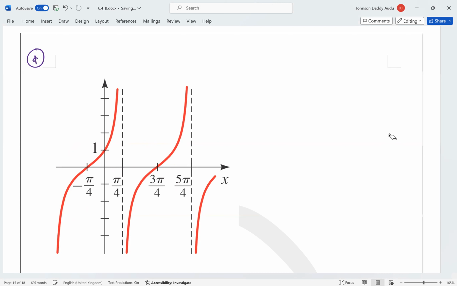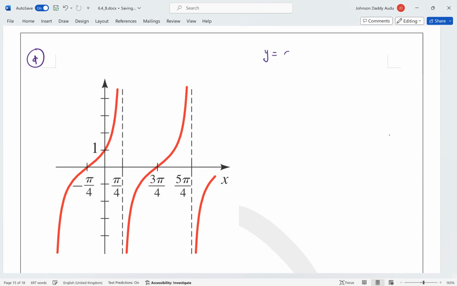Now, if you look at this, you will see that the midpoint here is 3 pi over 4. We can also try to see what will be the midpoint here. Okay, it's fine. If you look at it, this is going to be a graph of tan because it's increasing.